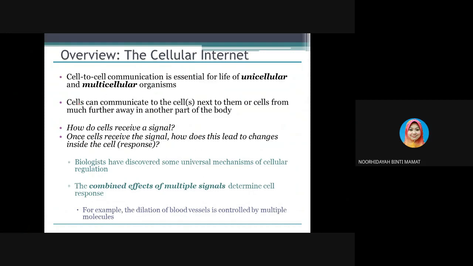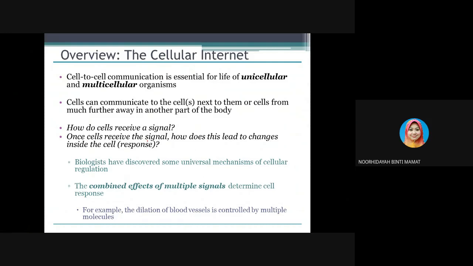Cells can communicate to other cells next to themselves, or cells from much further away in another part of the body. So how do cells receive a signal? Once cells receive a signal, how does this lead to change inside the cells, or how do the cells give a response to the signals that they receive?